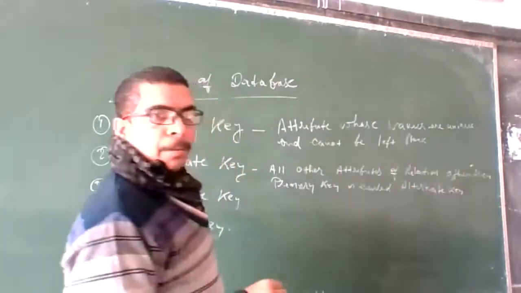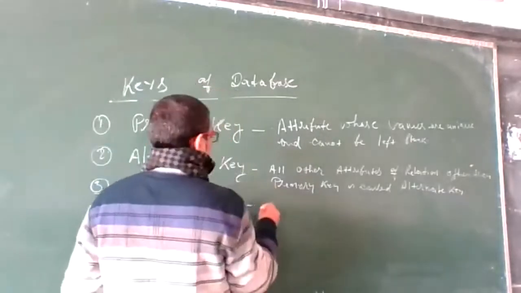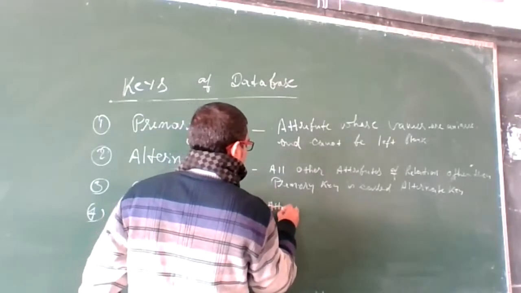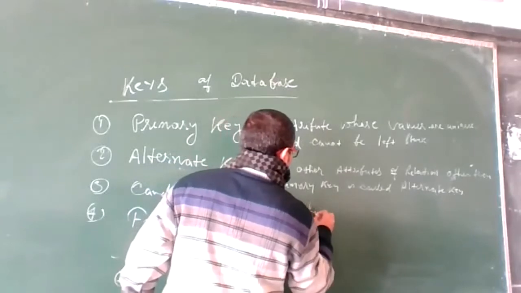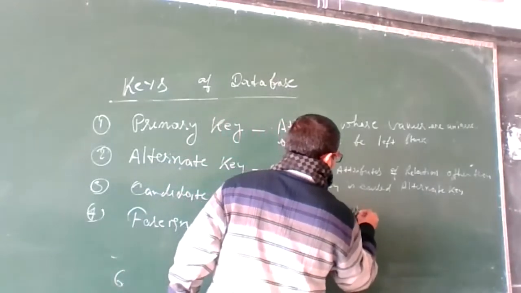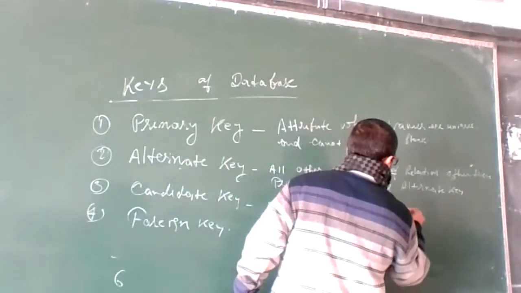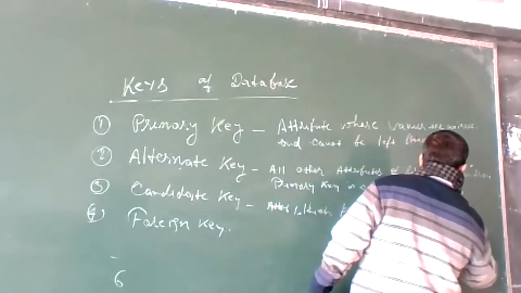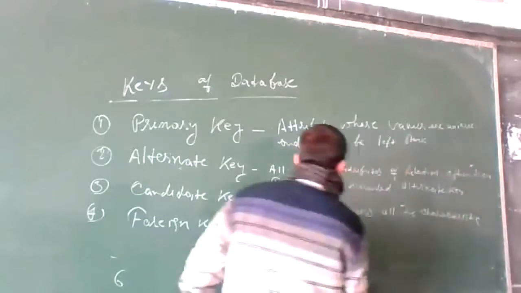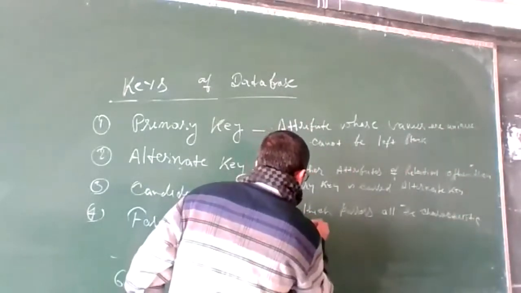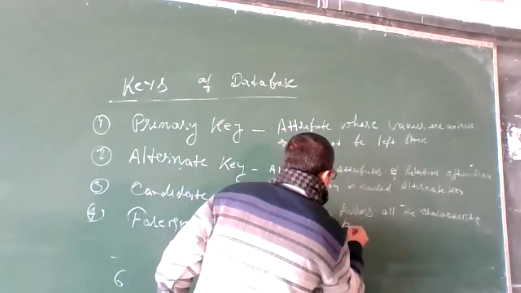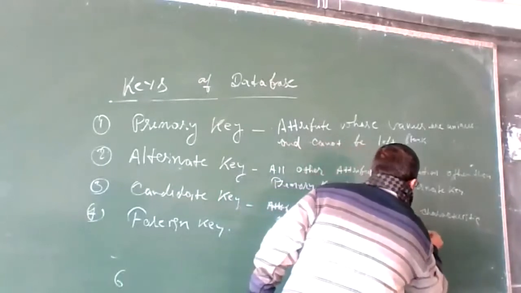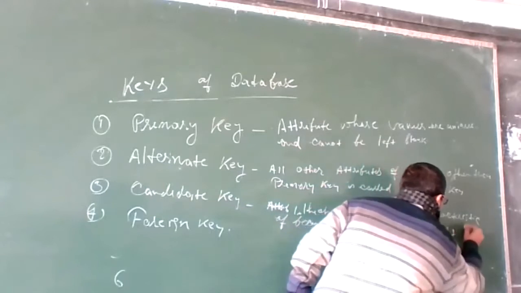Then we have candidate key. We write attributes which possess all the characteristics of becoming a primary key, but are not the primary key.